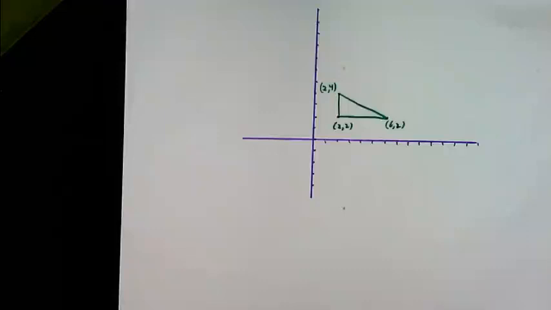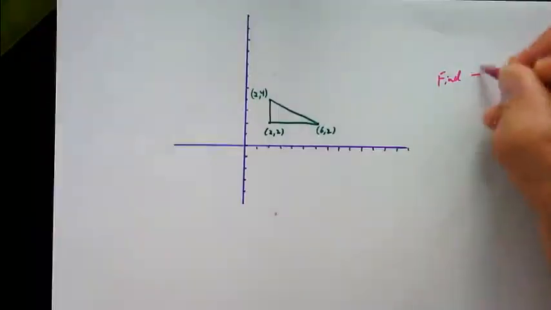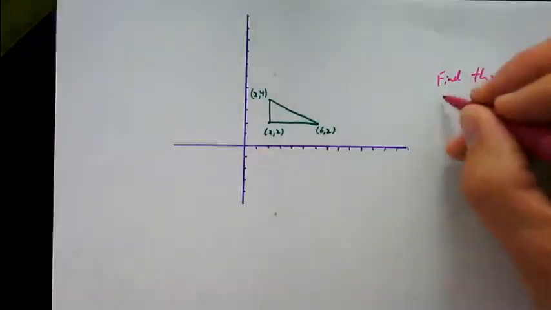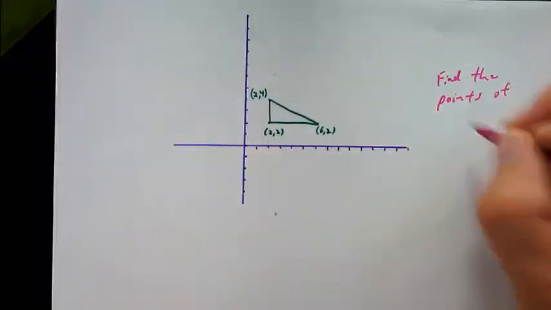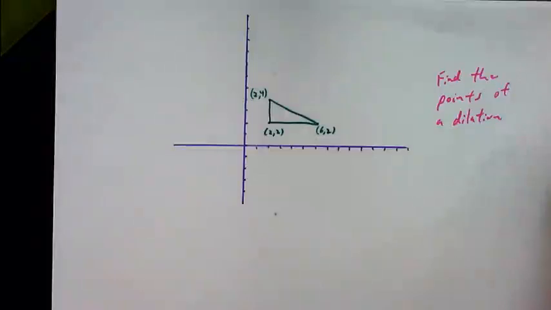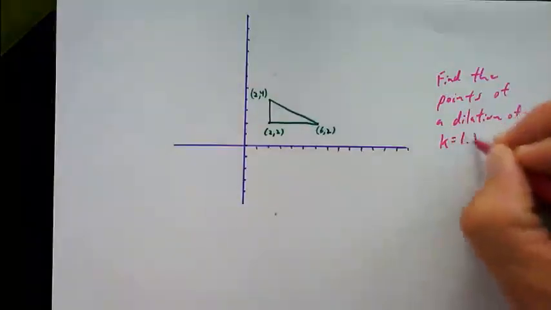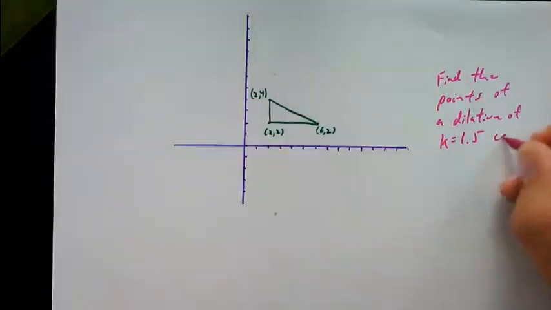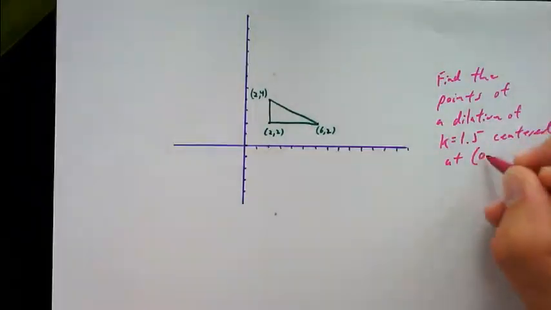All right. So, I want to find the points of the dilation of a scale factor of 1.5 centered at 0, 0.